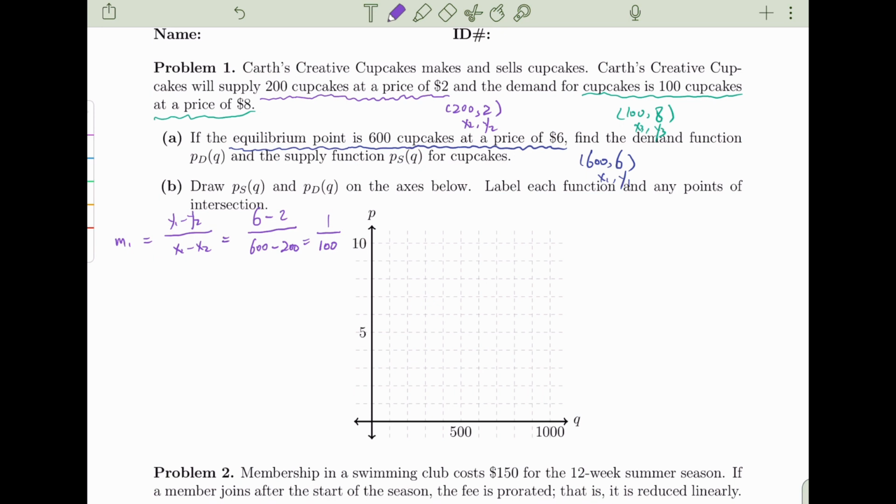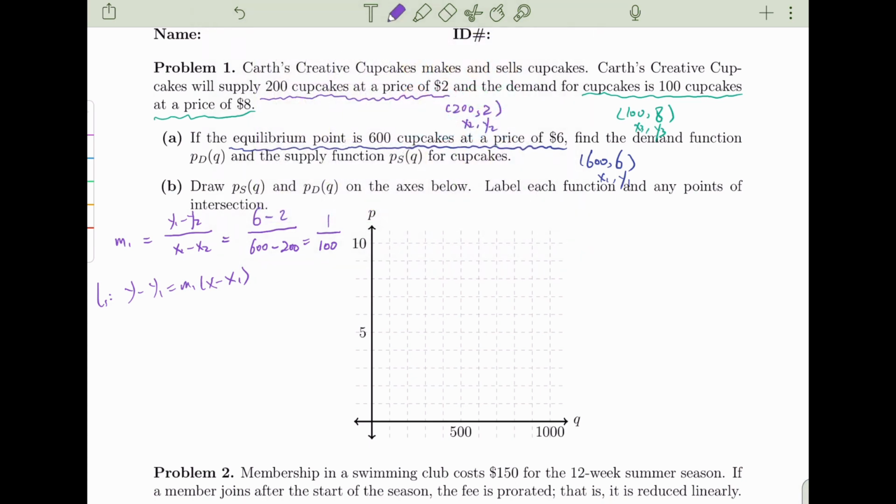So I'm going to use the point slope form, which is y minus y1 equal to m1 times x minus x1. This is my L1 here. So this is the point slope form. But in this particular question, the coordinates are actually p and q. So instead of using the variables x and y, I'm going to rename the variables, which will suit the needs of this question.